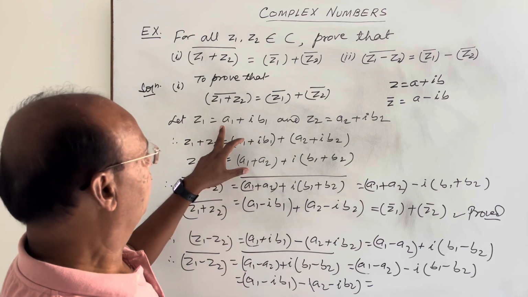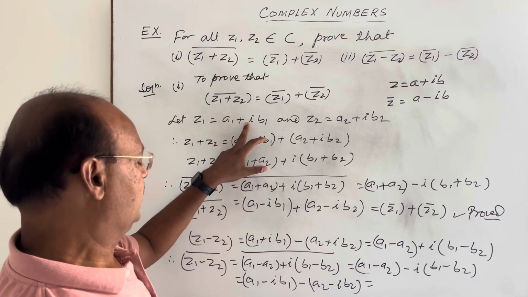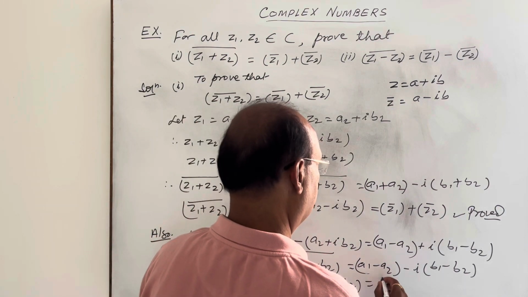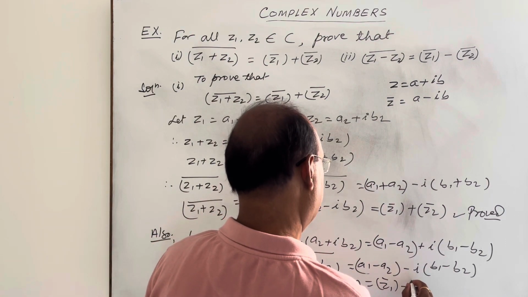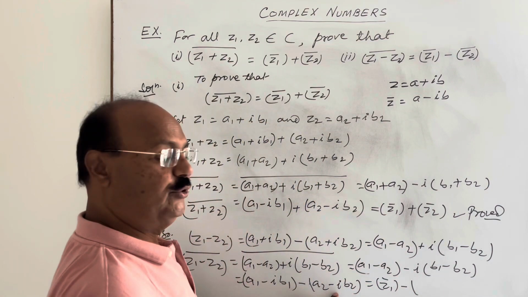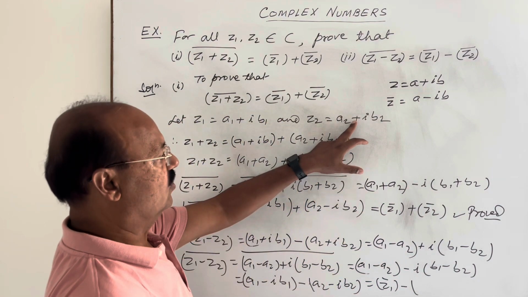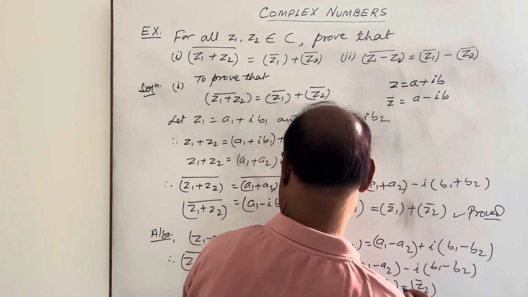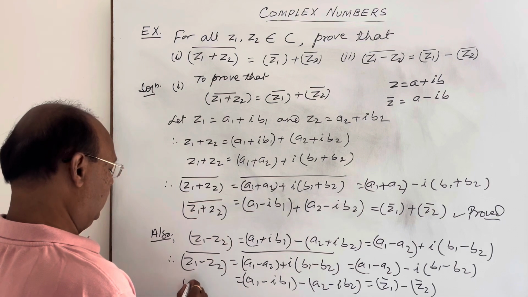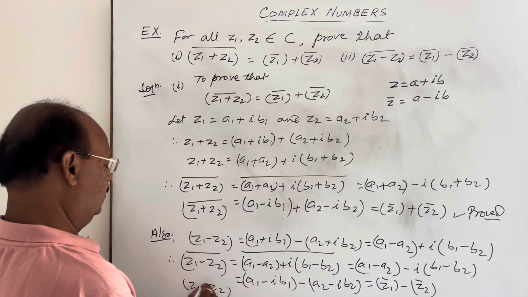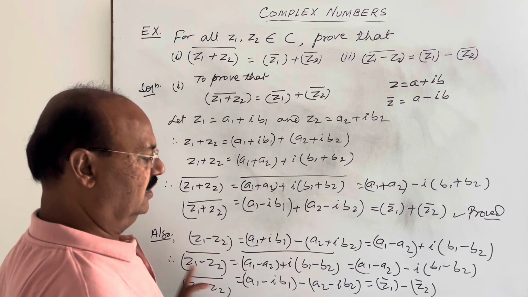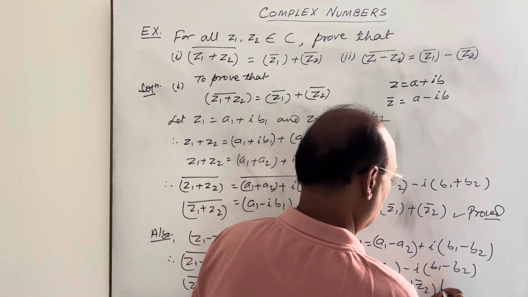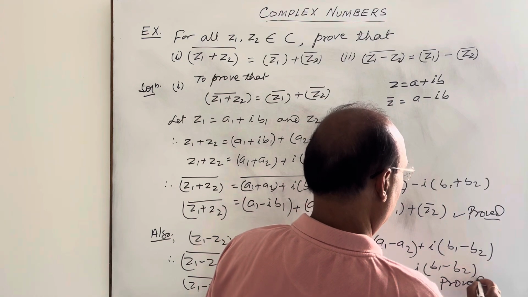Z1 is given here, A1 plus I B1. So its conjugate will be A1 minus I B1. So here we can write this is Z1 bar and minus this is Z2 bar, conjugate of Z2. So minus Z2 bar. So you see here we are proving that Z1 minus Z2 whole bar, means conjugate, is equal to Z1 bar minus Z2 bar. So second part has also been proved here.